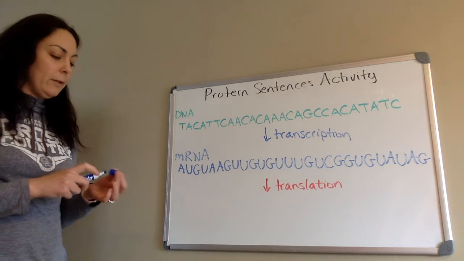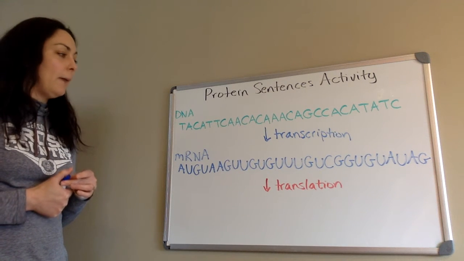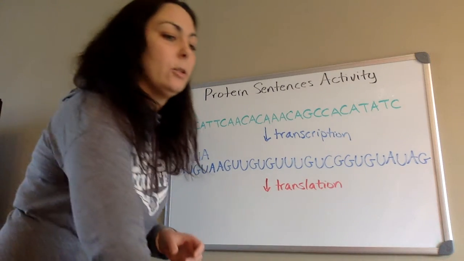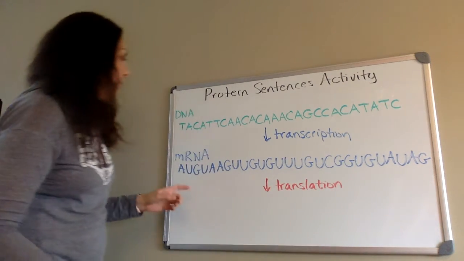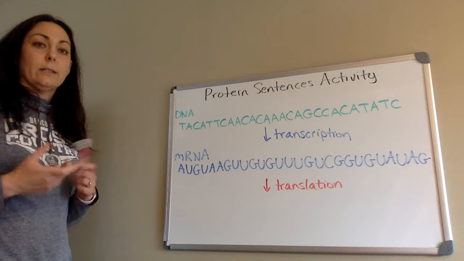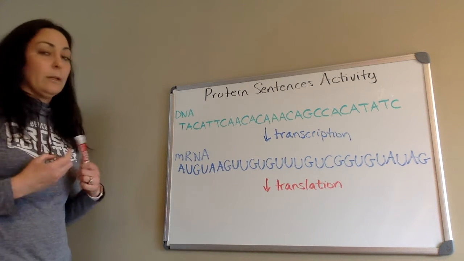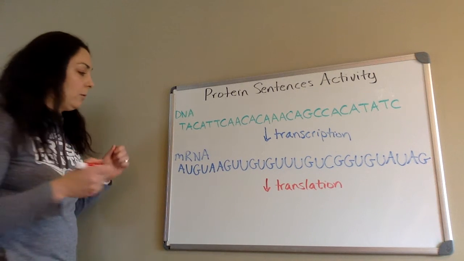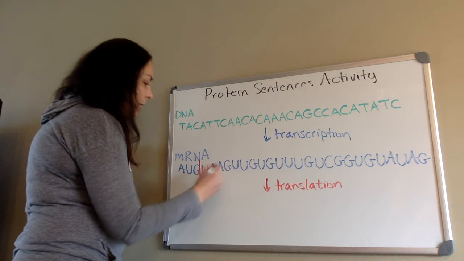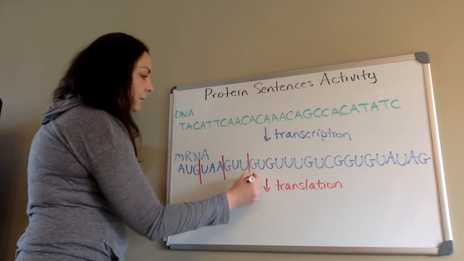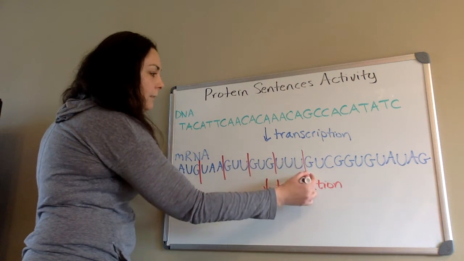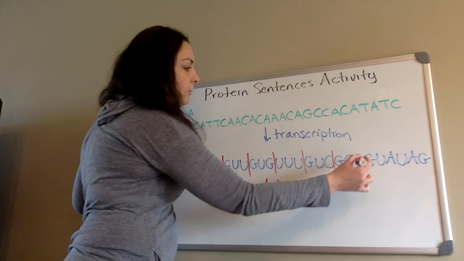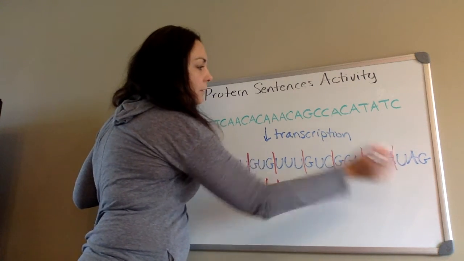Then, before we translate it, I would highly encourage you to take that mRNA strand and divide it into sets of 3 letters. Hopefully you remember that those sets of 3 letters are referred to as a codon. It just makes it easier to not get confused if you put a divider between the sets of 3, between the different codons.